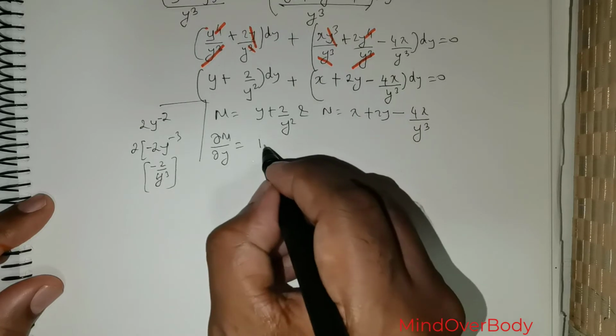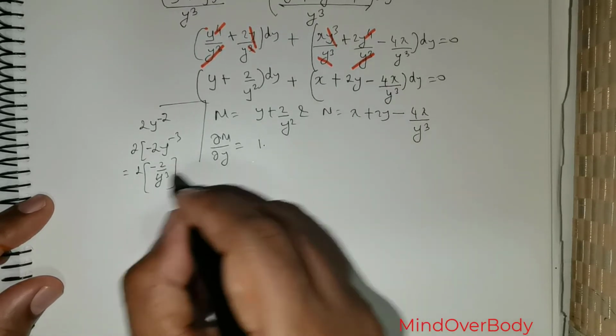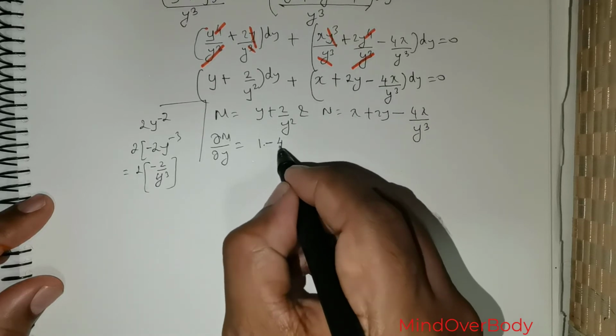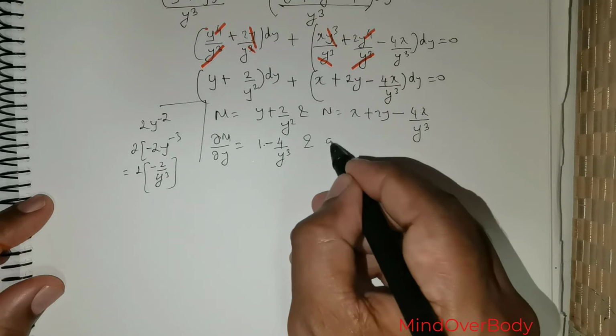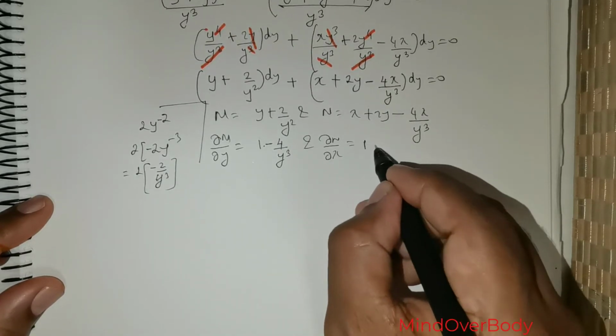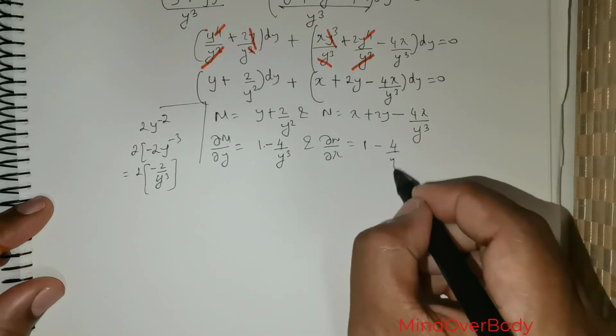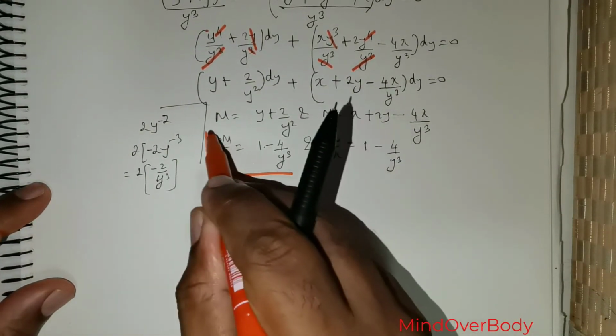So I can rewrite this as negative 4 over y cubed. And ∂N/∂x gives me 1 and 4 over y cubed.  So that is working out really well.